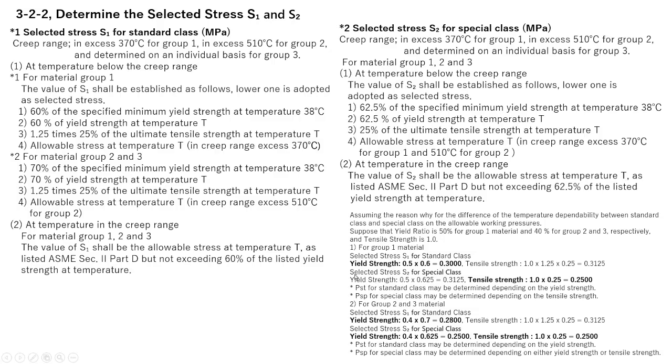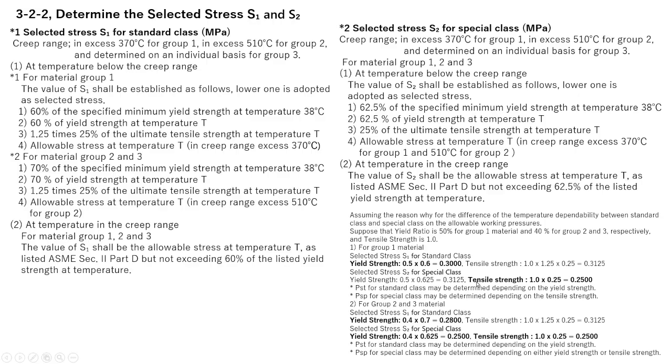Now selected stress S2 for the special class. Yield strength: 0.5 multiplied by 0.625. In the case of the special class, it is 62.5% of the yield strength. So 0.5 multiplied by 0.625 equals 0.3125.